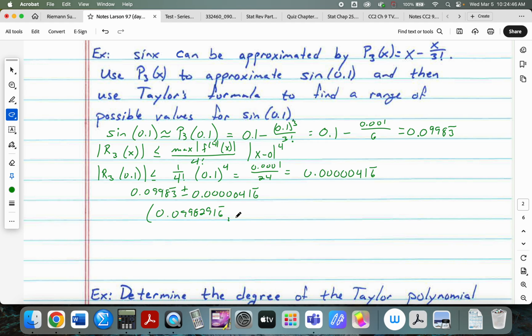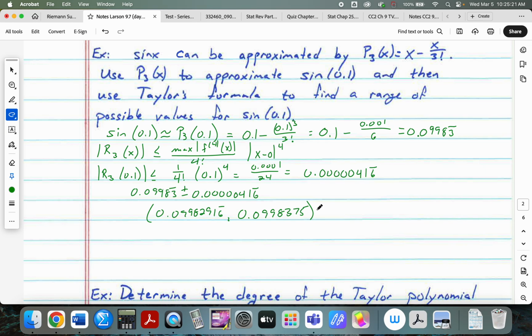And if we add it, it's 0.0998375. So we know that the true value is going to fall somewhere in between that, which is the difference between math and statistics. With confidence intervals, we would say things like, we're 90% confident that the actual value lies in between these two. Here we're completely confident.